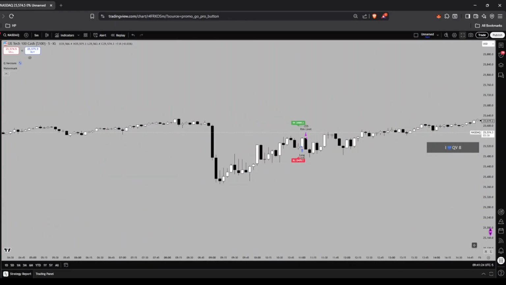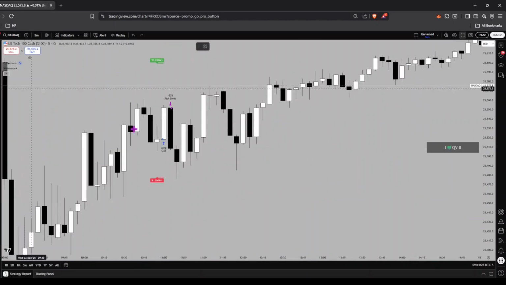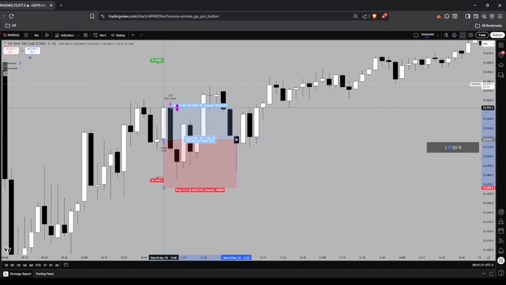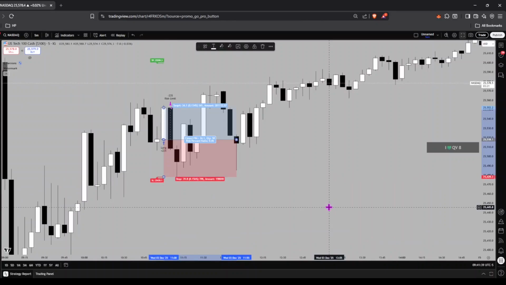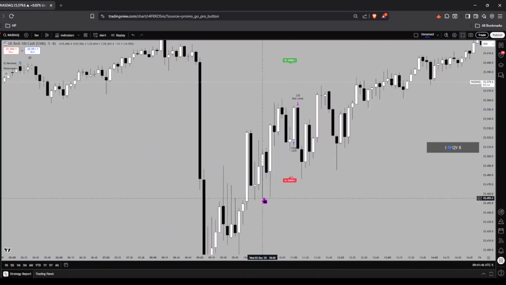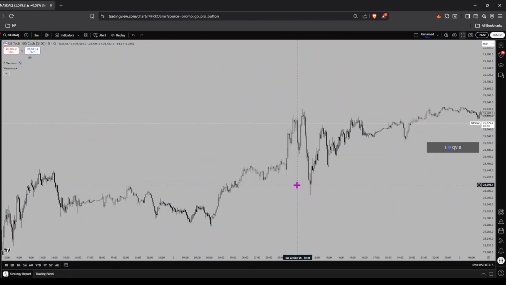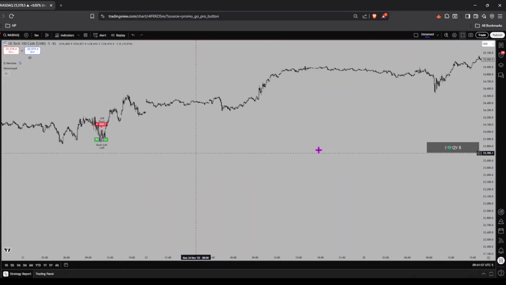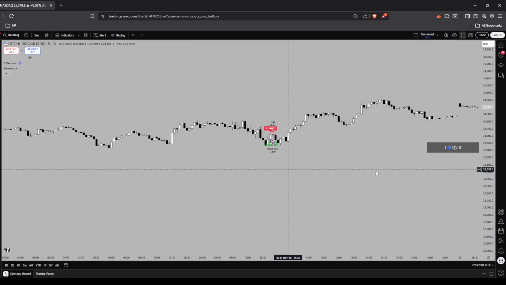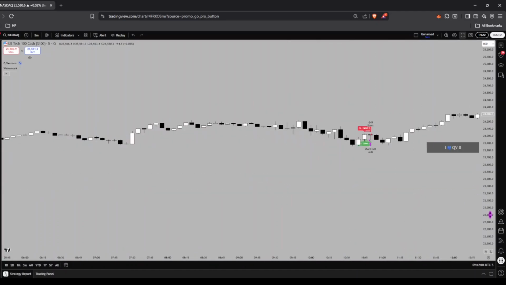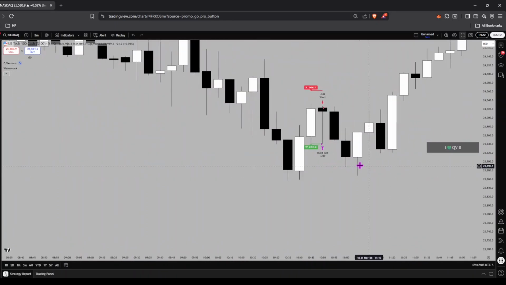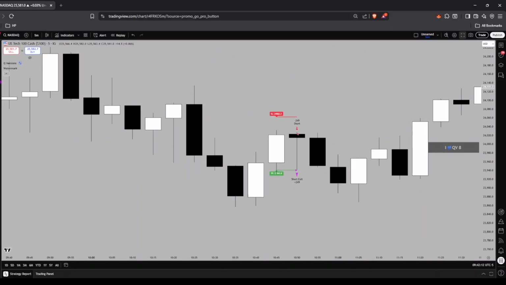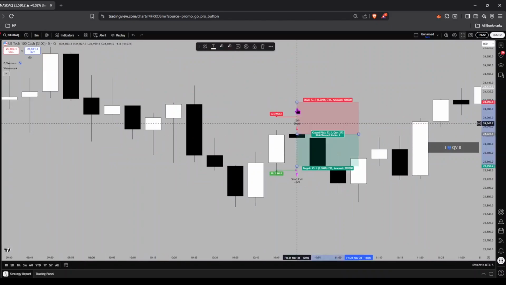Here's our second trade. It's long. Take profit at candle close, stop loss at the red line. 0.86 R. This one is a short, right about here.